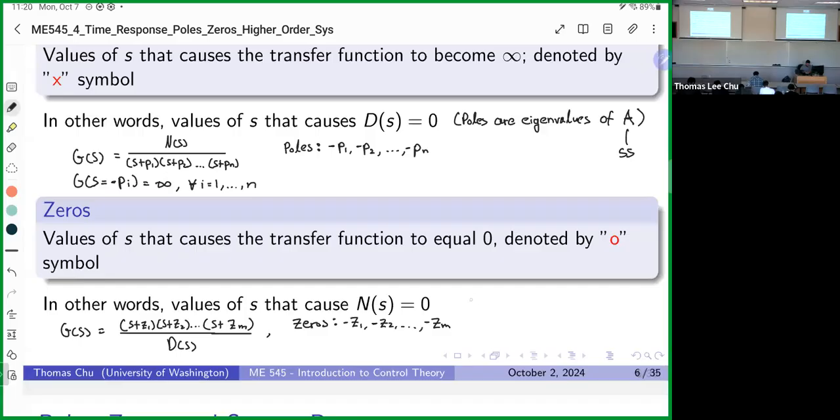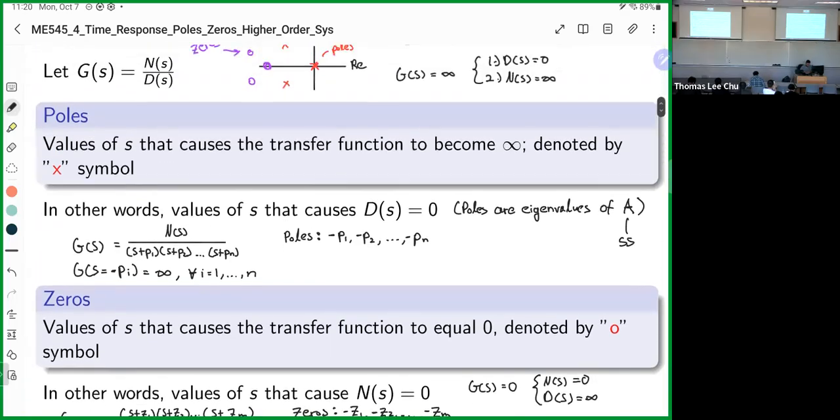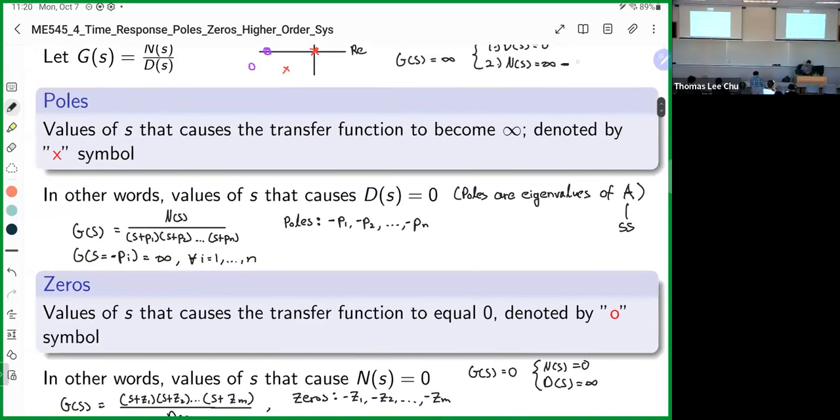And likewise, G of s is equal to 0 in two cases: when N of s is equal to 0, or when D of s is equal to infinity. So maybe I'll make a note here that this will be in chapter 8.